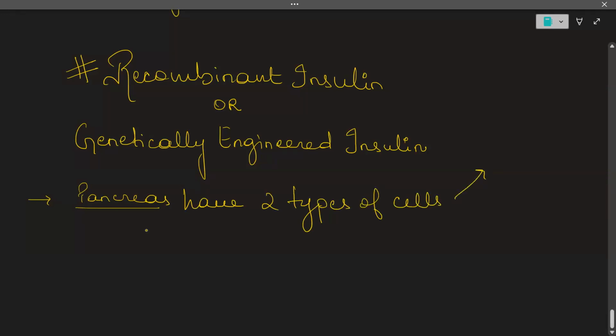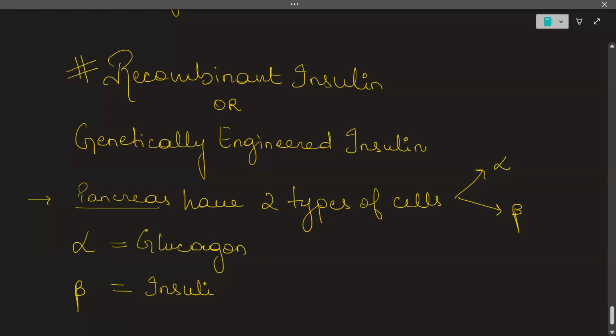They have two types of cells, one is alpha and one is beta. Now alpha synthesizes what and beta synthesizes what? Alpha synthesizes glucagon and beta synthesizes insulin. Correct.